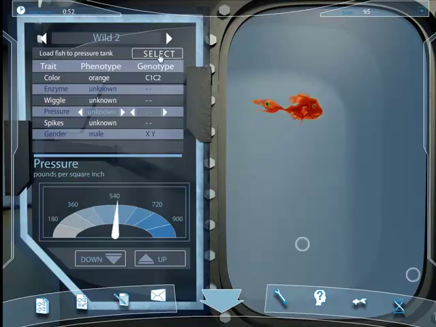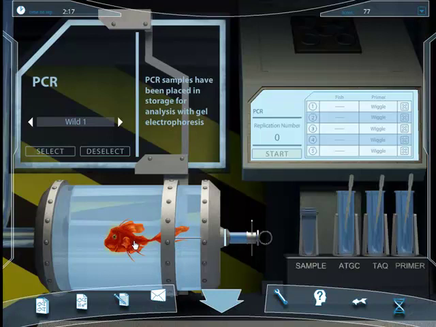The pressure tank allows players to determine if a fish can survive in low-pressure environments. For example, this fish was caught at shallow depths, so it's able to survive in low pressure. The PCR allows players to prepare samples of DNA from individual fish.